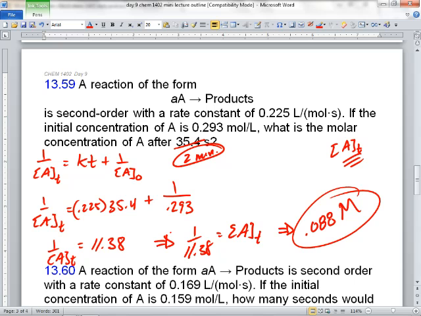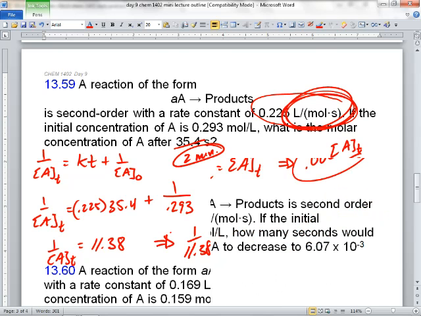Concentrations are in moles per liter, or big M. Time is always in seconds. How do you verify all this? You look at the rate constant units. There they are. You can always verify it. Just look at the units for the rate constant, and they'll tell you the units of time. And it's pretty much always seconds.